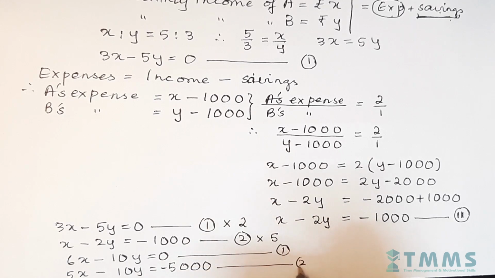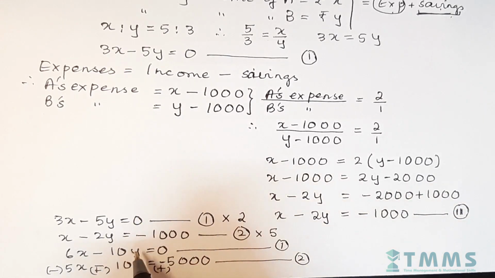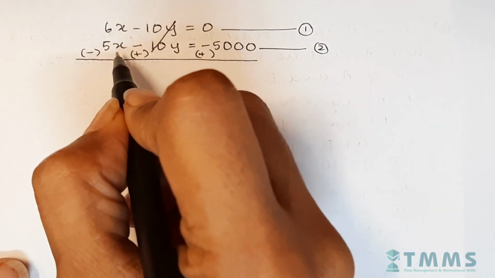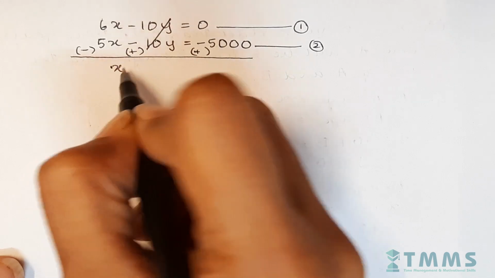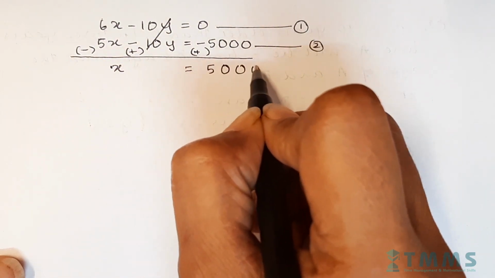And that is our equation 2. Now, let us subtract the second equation. And so, we have this getting cancelled. And what we will have? We will have 6X minus 5X is X, and that is equal to 5000.